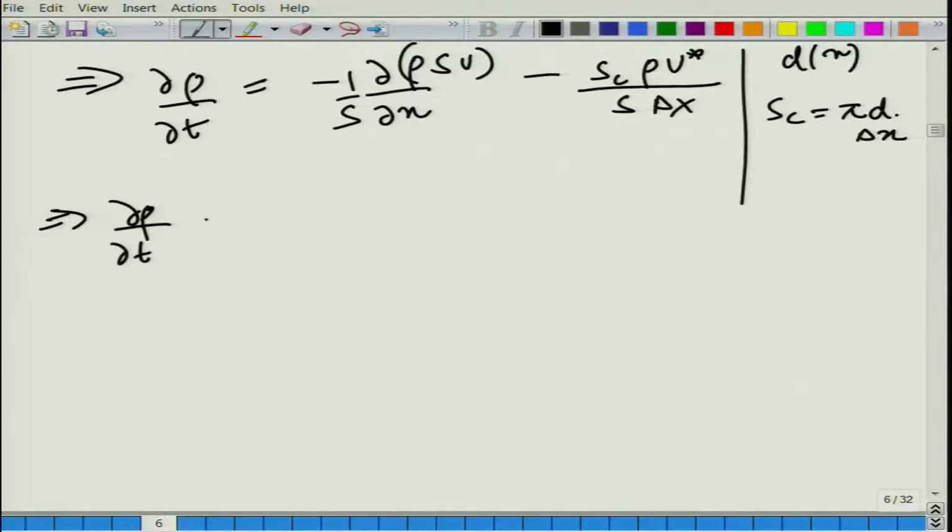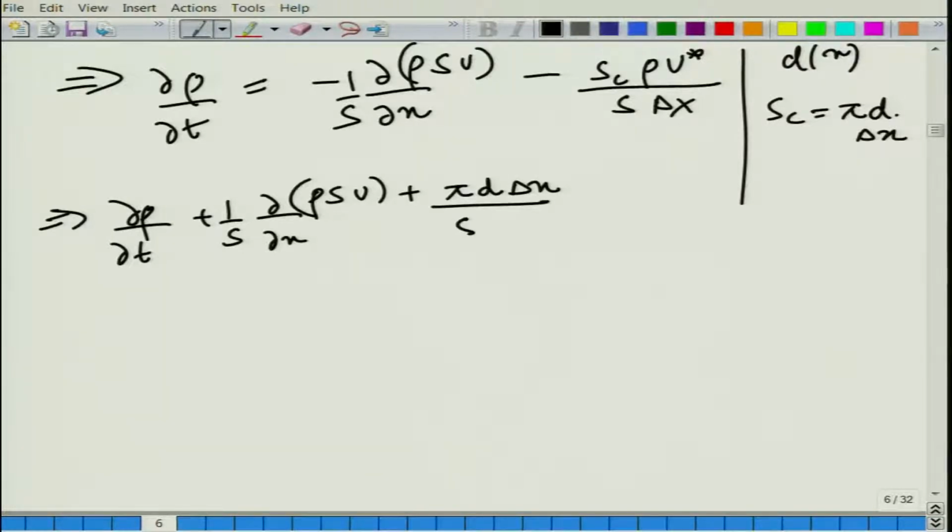So, you get this, and plus rho S u, pi d delta x, and S delta x into rho u star is equal to 0.